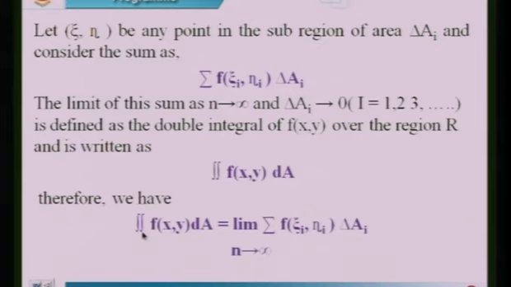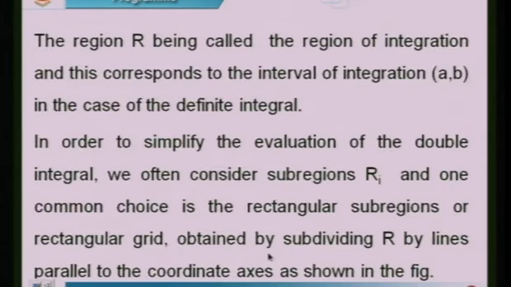Therefore, the integration is expressed in terms of the sigma notation following the limit: double integral f of x y dA is equal to the limit of sigma f of xi i eta i delta Ai, as n tends to infinity. That means sub-regions we give. Then the region R is called the region of integration, and this corresponds to the interval of integration, that is a comma b, in the case of definite integral.